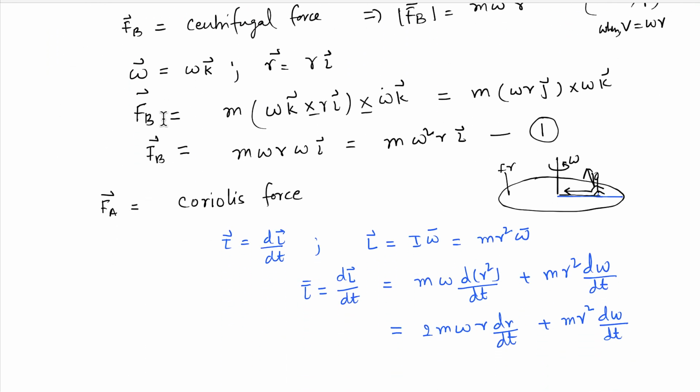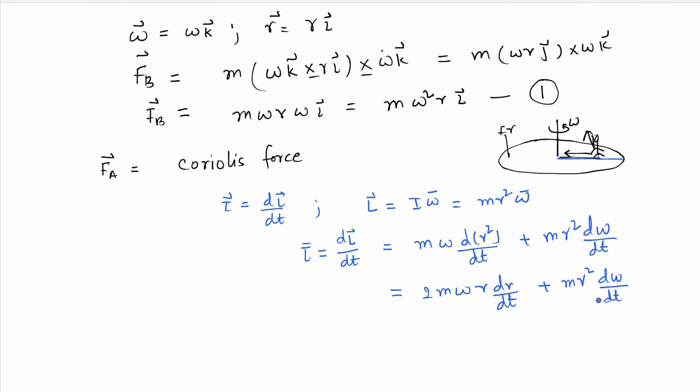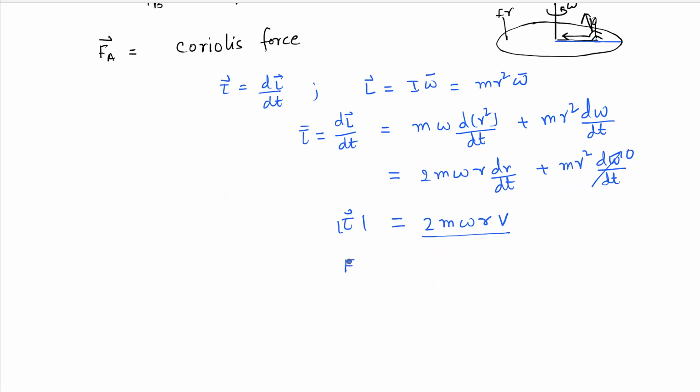So which means that the d omega by dt must be 0, right? If it is not 0, then he will get accelerated. So the only thing which remains is 2m omega r dr by dt, and this is nothing but v. Okay. Now I am just dealing with the absolute value of torque. So the force here is 2m v cross omega, and hence torque is r into F.